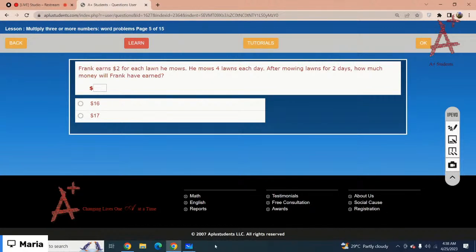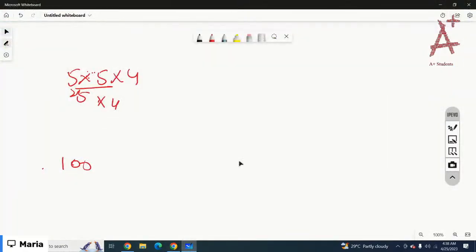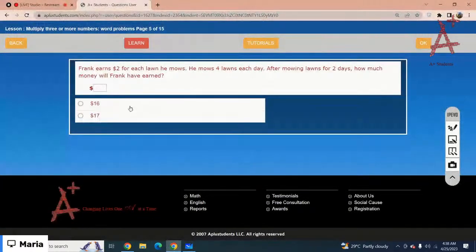So which is the correct option? 2 times 4 is 8, and 8 times 2 makes 16. So the correct option is 16. That means the total amount he earned is $16. Got it?